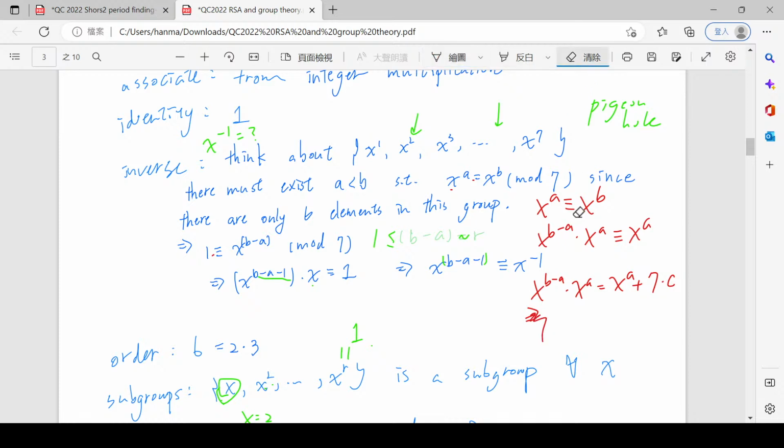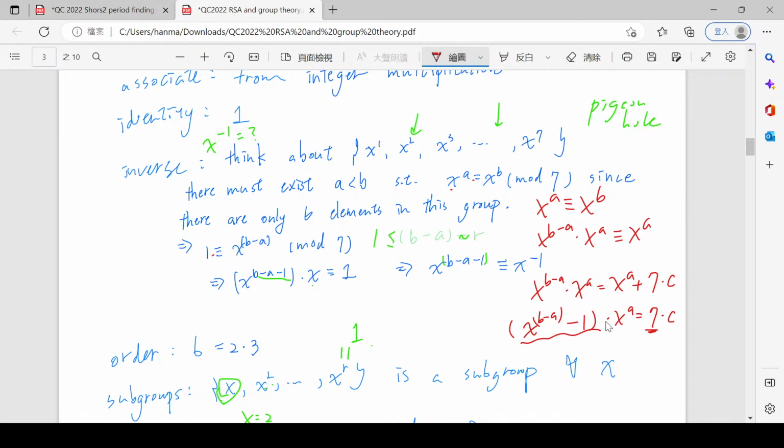We have x to the b minus a minus 1 times x to the a equal to 7 times some integer. Then we look at both sides, so we have a 7 here. And we know x is coprime to 7, so x to the a is also coprime to 7. So this has some factor of 7, then this must have some factor of 7.